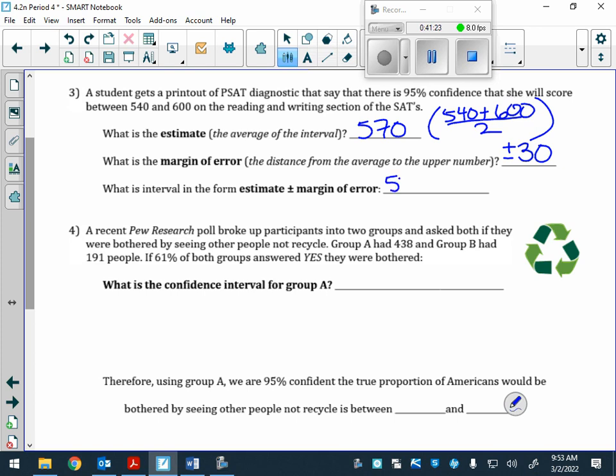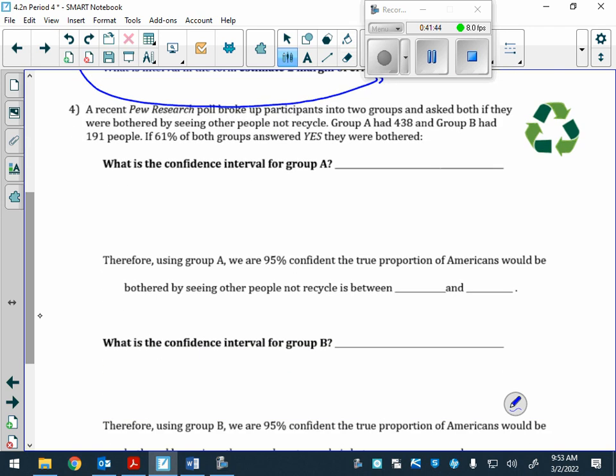So what we just did is we worked backwards. We were given an interval, and we worked backwards to get what it should be. Okay, they gave us the interval. The past two examples, we found that interval. Does that make sense? All right, so here we go.